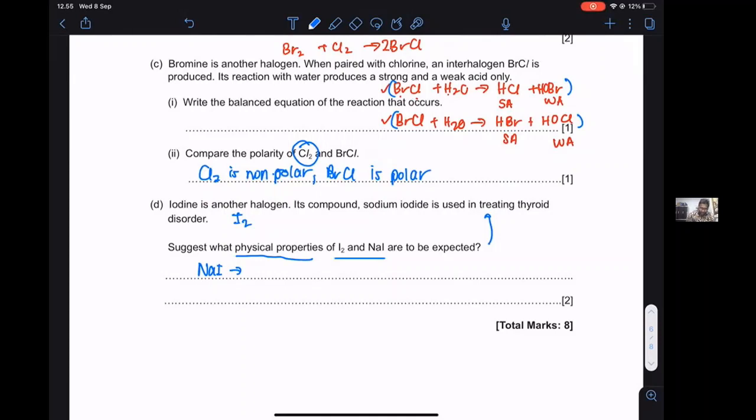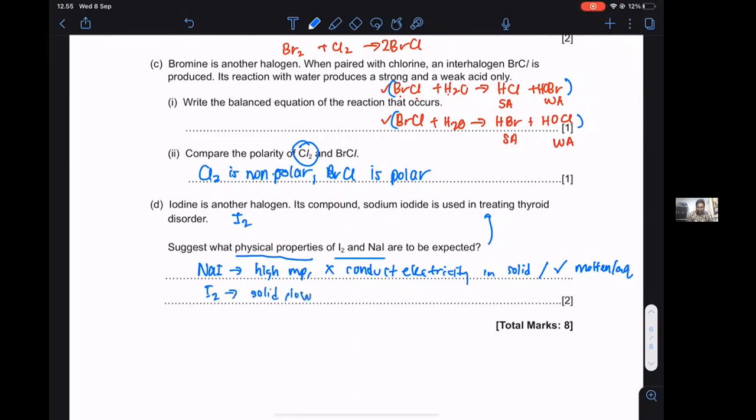So I'll just put high melting point, does not conduct electricity in solid form, but can conduct electricity in molten or aqueous. Or you mention I2 is going to be a solid, which is going to be low melting point, and then does not conduct electricity.